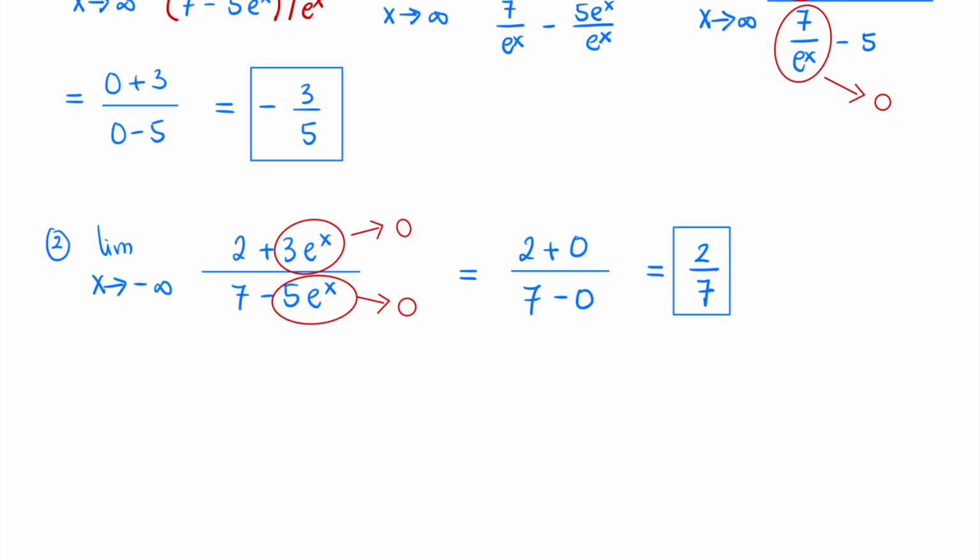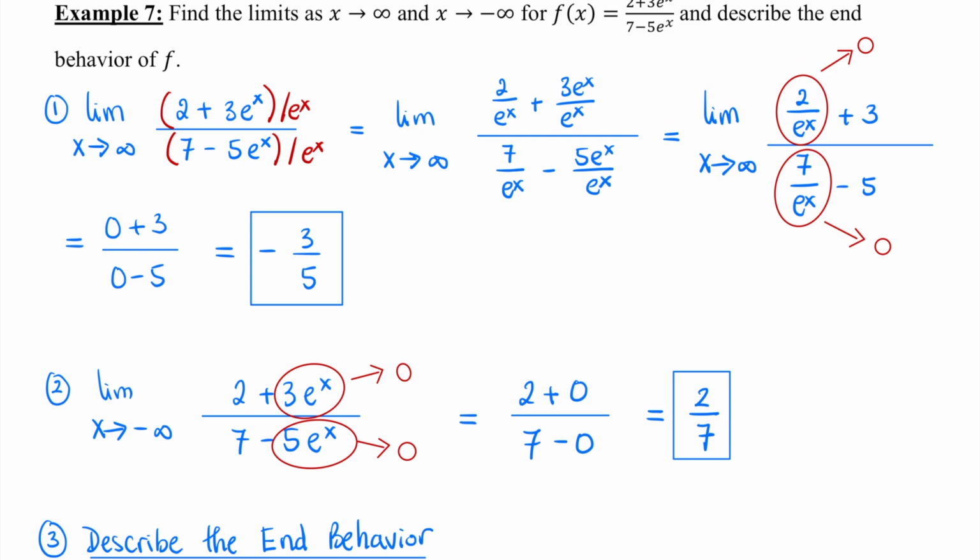Next, let's describe the end behavior of the function. As x approaches infinity, the function approaches negative 3 over 5. And as x approaches negative infinity, the function approaches 2 over 7.